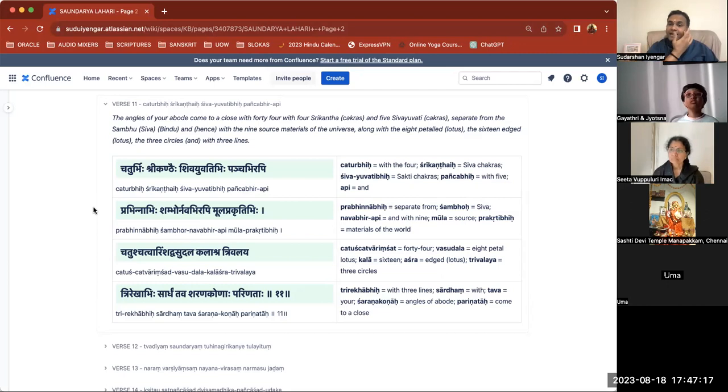In this, the 44 triangles I spoke about, Chatushchatvarimshad is 44. These 44 triangles are formed how? They are formed by Chaturbhi Shrikantaihi Shiva Yuvatibhif Panchabhirapi: 4 Shiva triangles and 5 Shakti triangles.